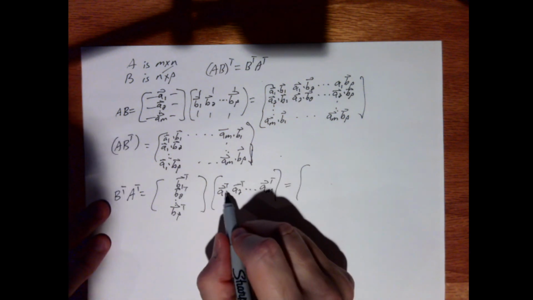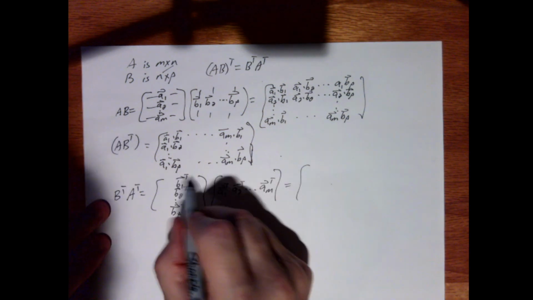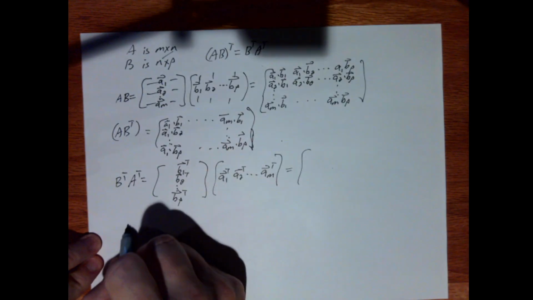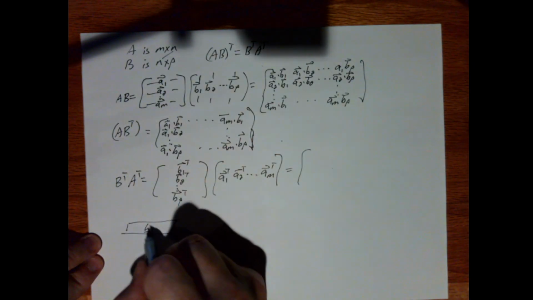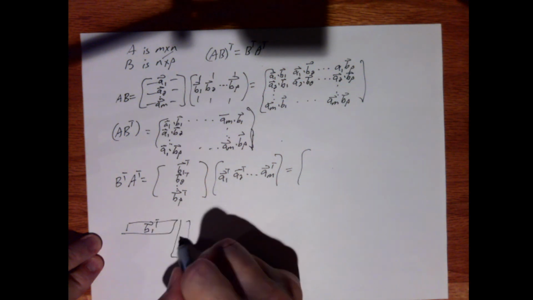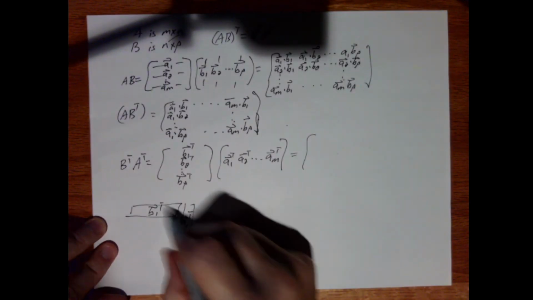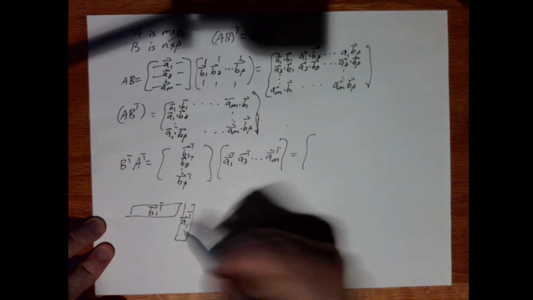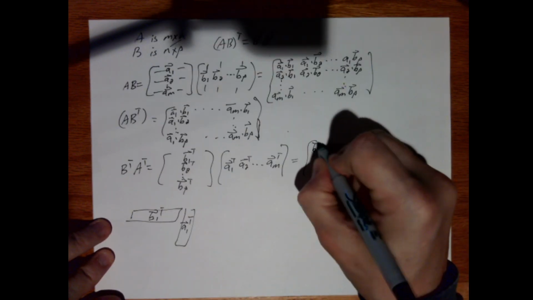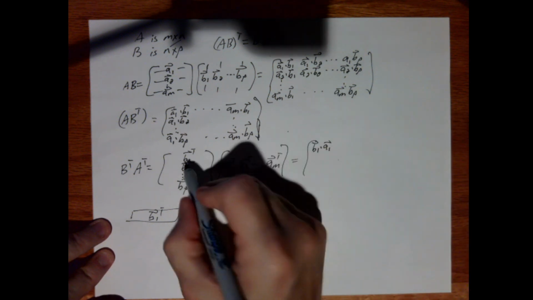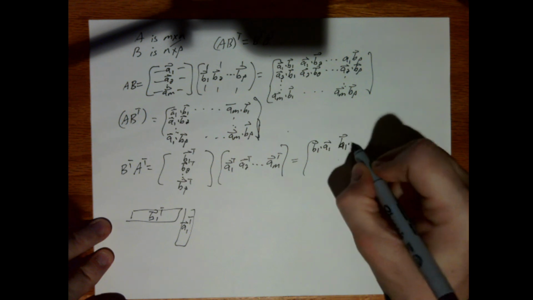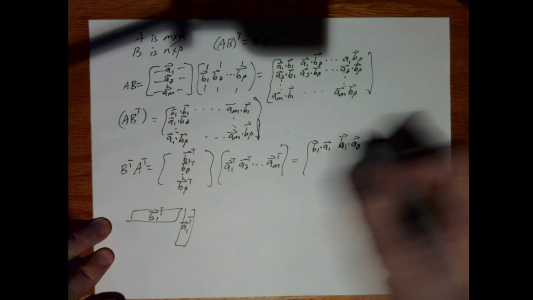Well, B1.A1. The transpose here doesn't matter. All it's doing is taking it and turning it this way, making this B1 transpose and this A1 transpose, so it just allows the product. But ultimately, I'm still finding the dot product of this with this, which is B1.A1. And then B1.A2, dot, dot, dot, B1 with AM.